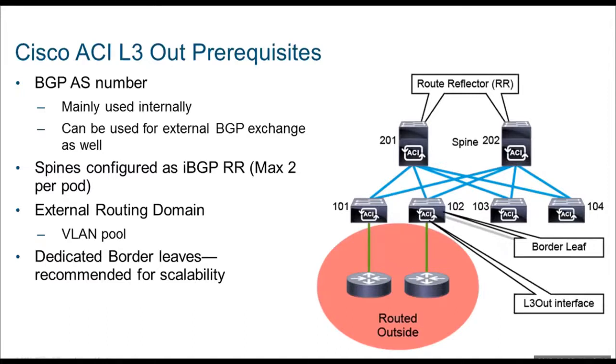Configure 1 or 2 route reflectors for multiple sites. In other words, multiple PODs, pods in each site. You may want to configure a route reflector or at least 2 route reflectors for both. Only the spine switch can be a route reflector.